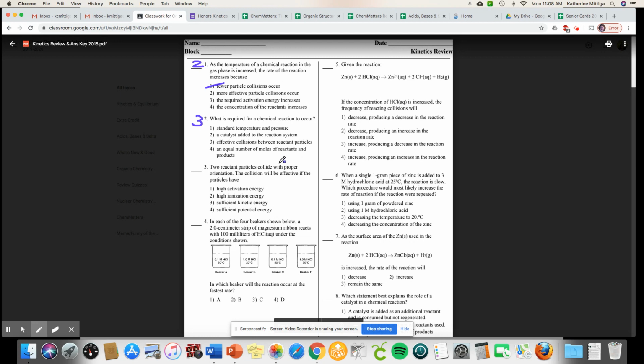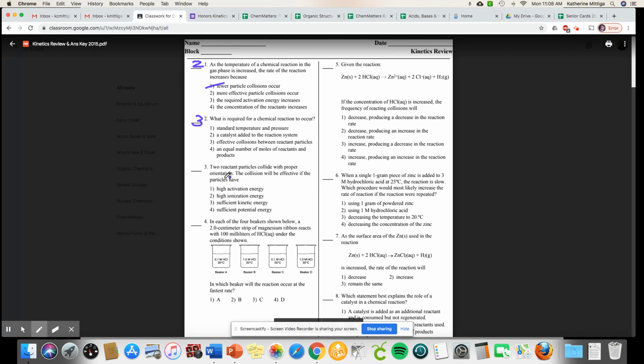Two reactant particles collide with proper orientation. This collision will be effective if the particles have high activation energy, high ionization energy, sufficient kinetic energy, sufficient potential energy. So this is like punching a window. If you want to break a window, which I don't recommend, ask for help, then you would need to have the orientation, which you have.